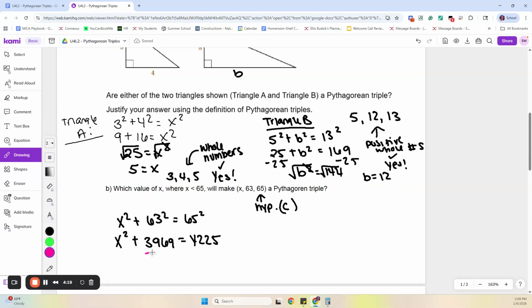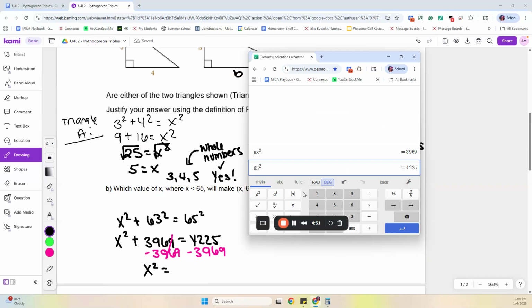And then from there, subtract to get the x by itself. We're left with x squared equals, we subtract those two numbers, we get 256.